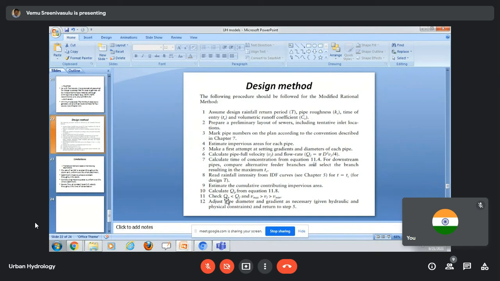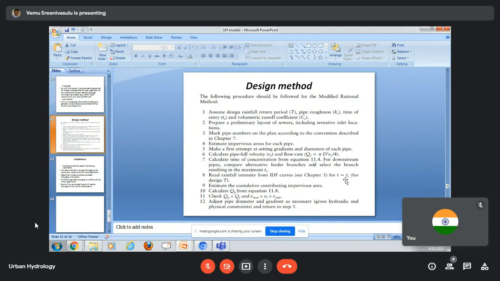How do you calculate the intensity? From the IDF curves for a given T is equal to TC, time of concentration. Okay. And then for a design storm T, you can calculate the intensity of the design storm. Okay. That I is calculated.